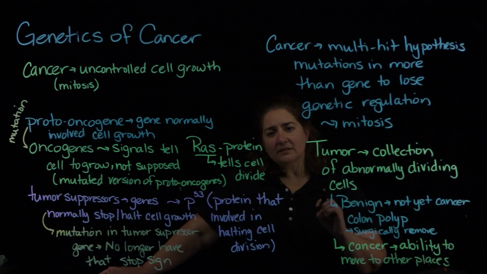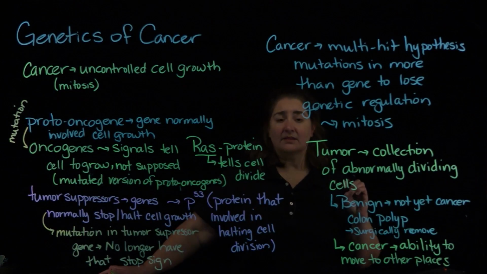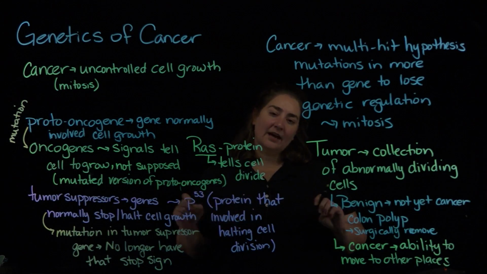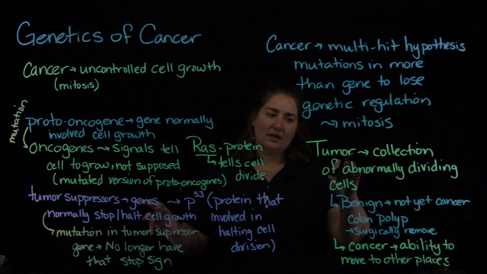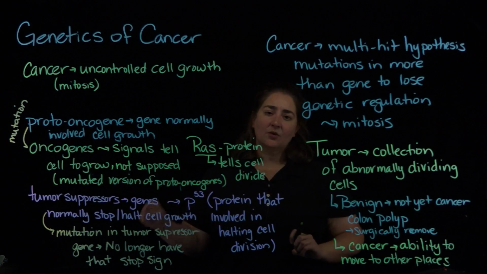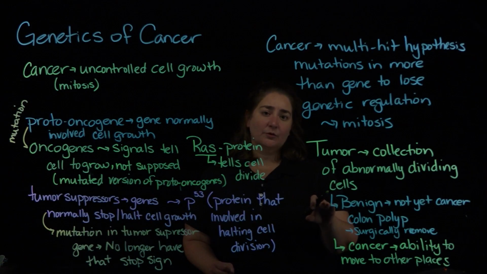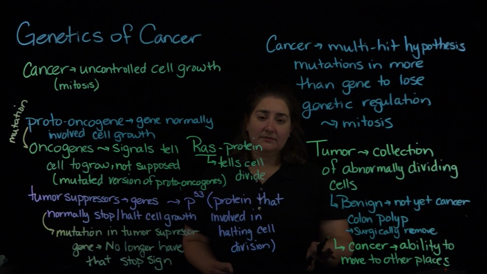So those cells have metastatic potential, meaning they have lost the ability to stick to the cells around them, and they're now able to leave that primary tumor and go other places in the body. When that tumor progresses from benign to metastatic, the metastatic tumor is the one that we consider cancerous. All right?